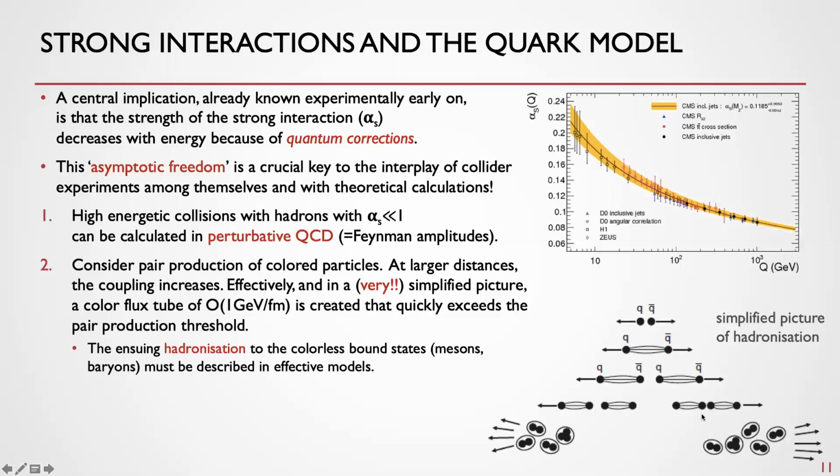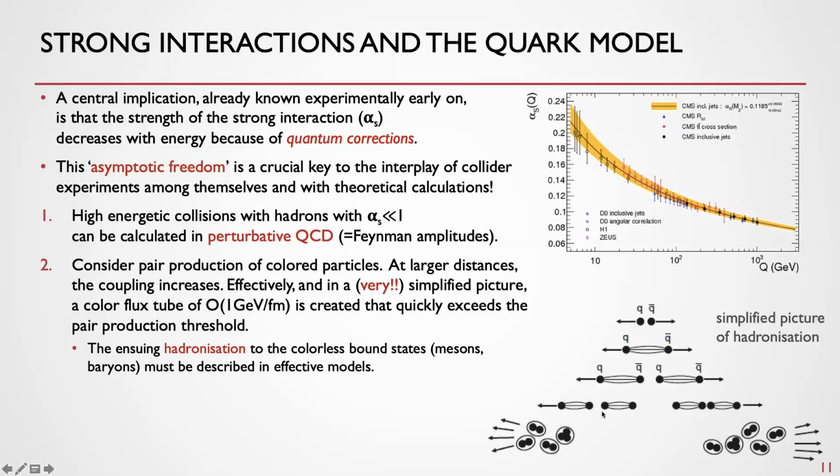And that continues to happen until finally so many particles have been created that all their energies are in the single GeV regime, the typical energy transfer in these processes.